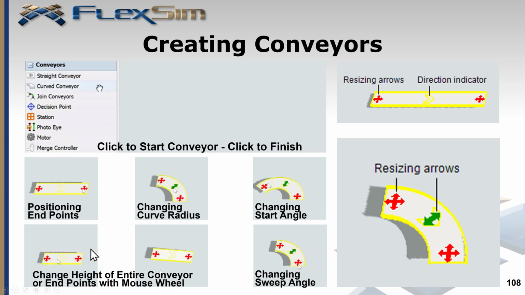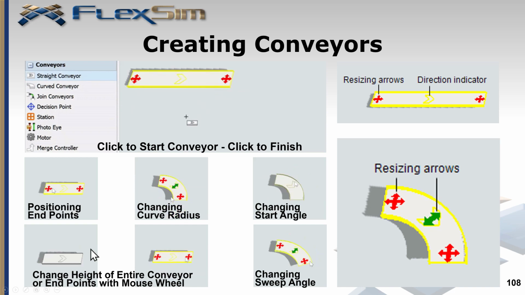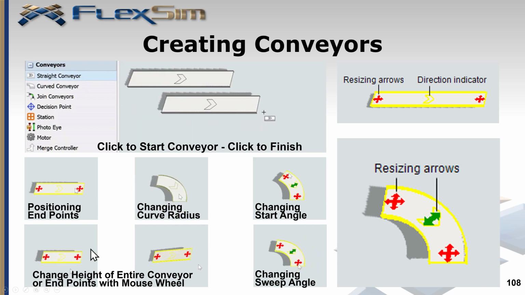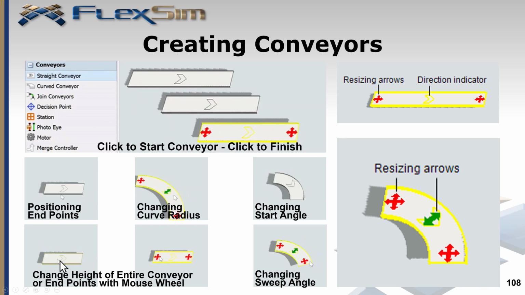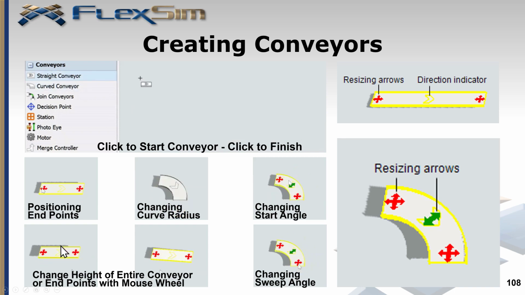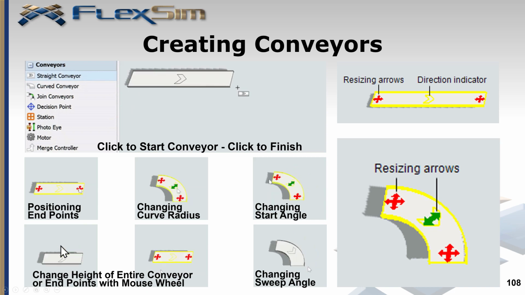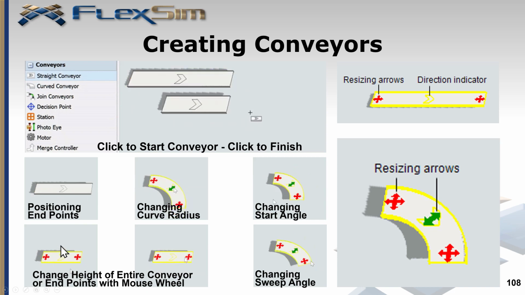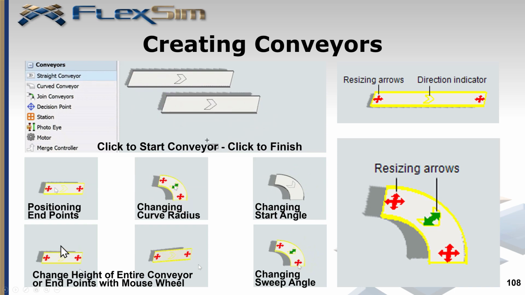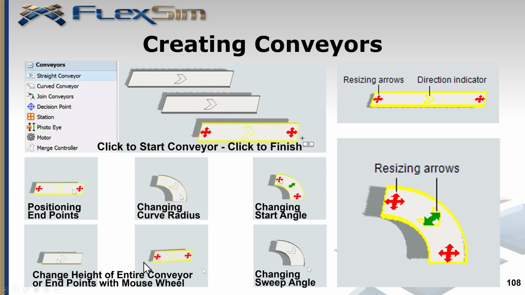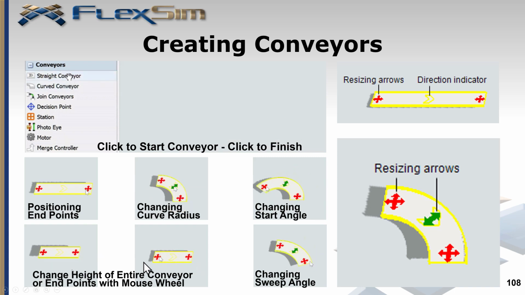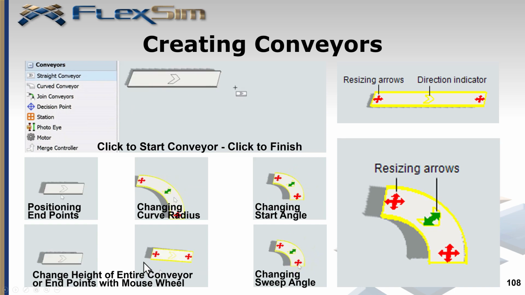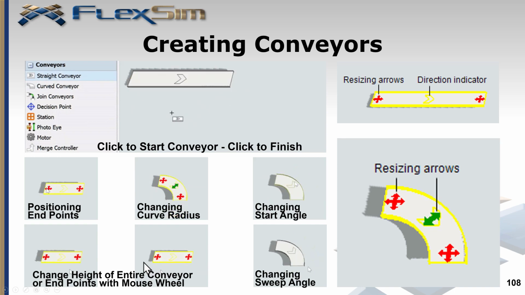In these two graphics down here, it's showing you how you can raise and lower a conveyor. Either the entire conveyor can be moved up or down by clicking on the conveyor and using your mouse wheel to change the height, or if you want to have a ramped conveyor, you would click on either the start point or the end point and then roll your mouse wheel up or down.